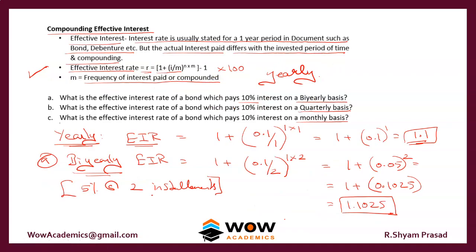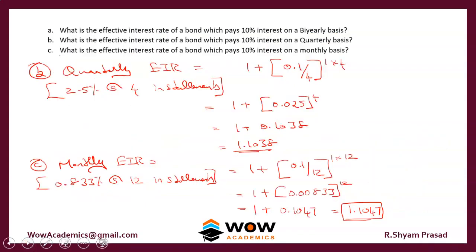If you look at the movement of this problem, you will see that if you're going to receive the same 10% in one installment, it's going to be 1.1. If you're going to receive 5% in two installments, then the interest will be slightly going up. And if you're going to receive the 10% in 4 installments of 2.5% interest, then it goes to 1.1038, a little bit higher.